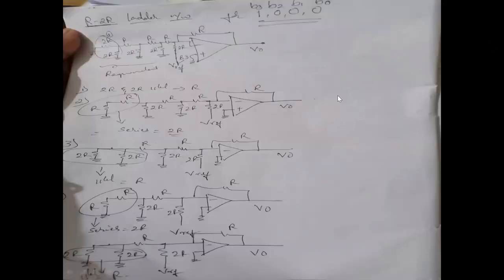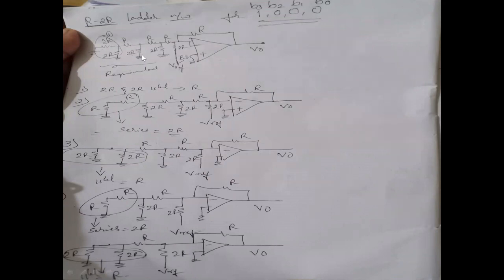Similarly, suppose B2 is higher and all the rest of the binary inputs are 0. In that case this input would be high, and the rest would be grounded. This would be given to your voltage reference and the rest all given to ground.